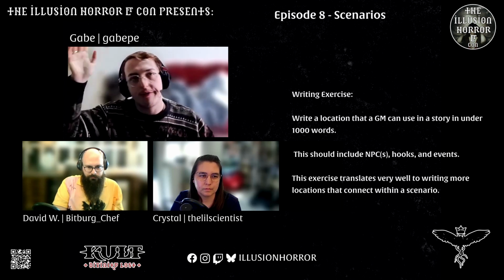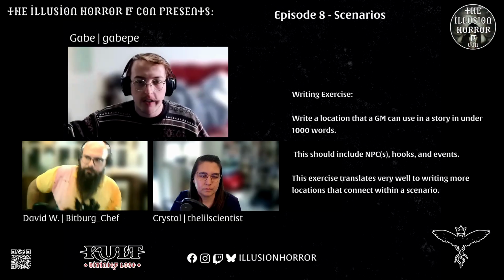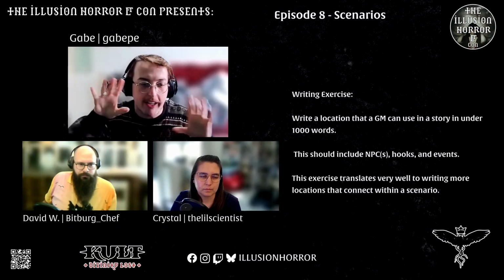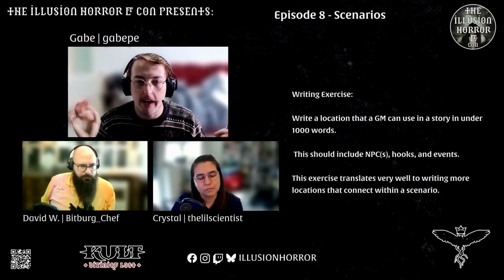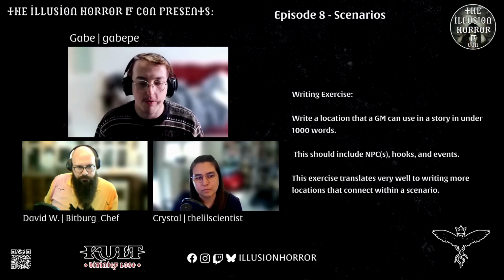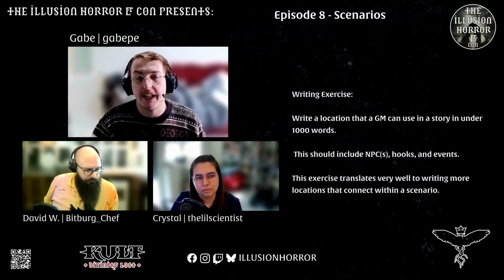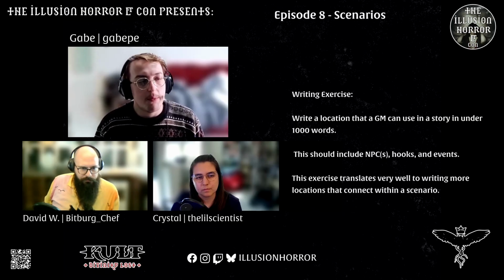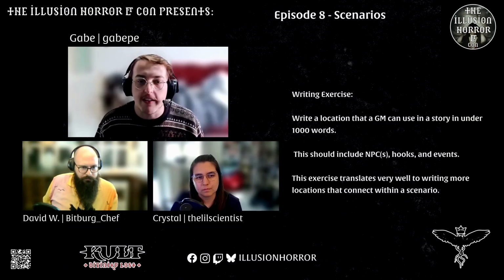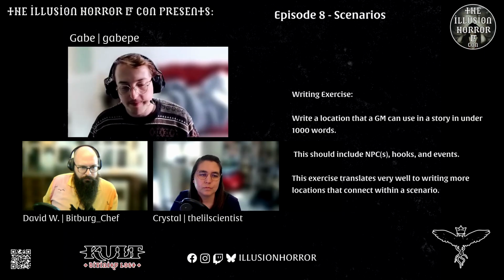Some are super long. Some have 2 hooks that serve as the basis for a full story, maybe, or the beginning of a campaign. But then some are quicker events inside a location.